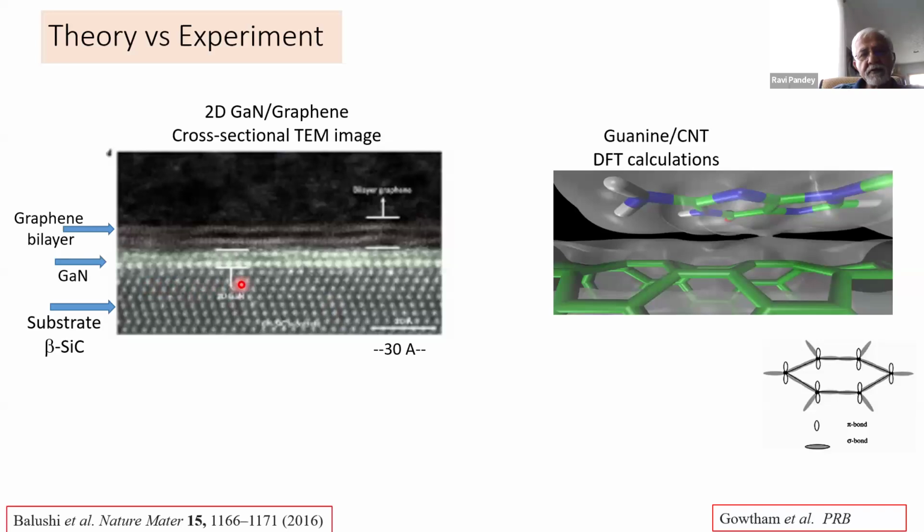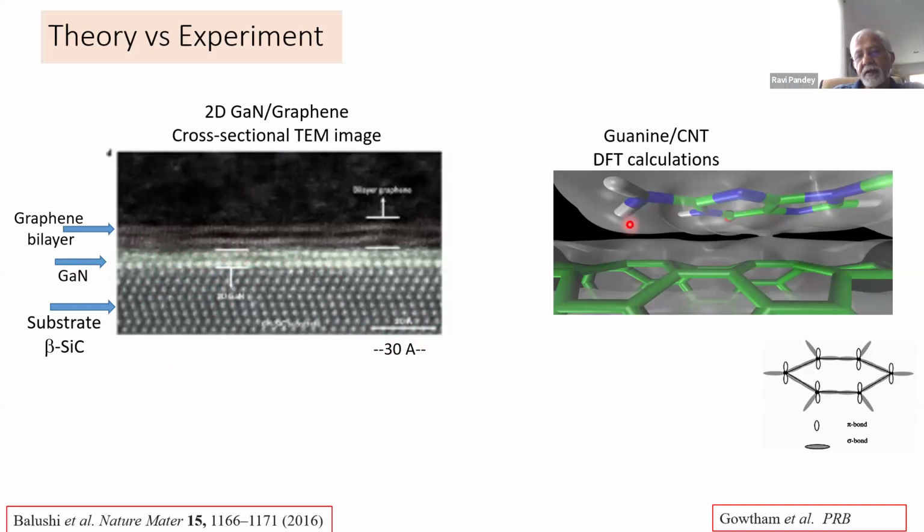Then you have the so-called gallium nitride monolayer. You can see the bilayer case coming up here, and then you have a graphene bilayer. You can see the scale here, 30 angstrom. You can pinpoint the atomic interface formed by the gallium nitride and the graphene systems.